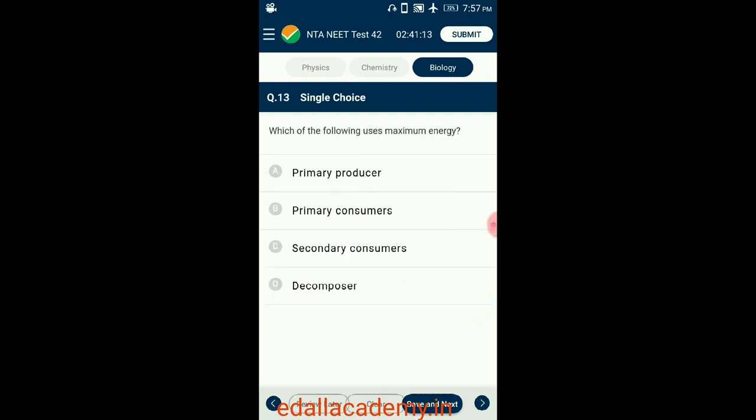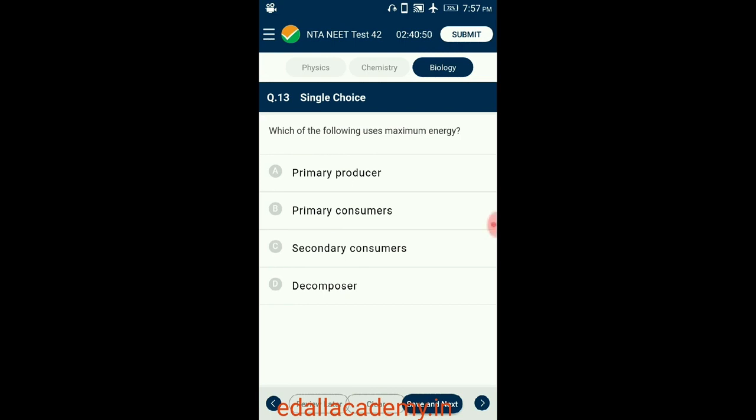Question number 13. Which of the following uses maximum energy? Primary producers are the autotrophs that produce carbohydrates through photosynthesis by capturing solar energy. Producers occupy the first trophic level, having the greatest biomass or gross primary production, that is GPP.